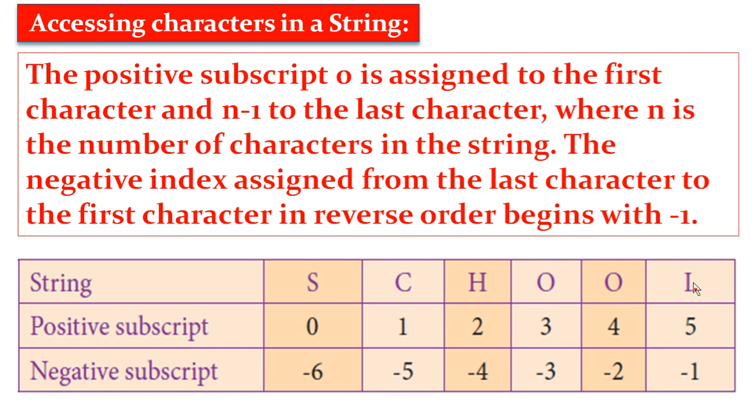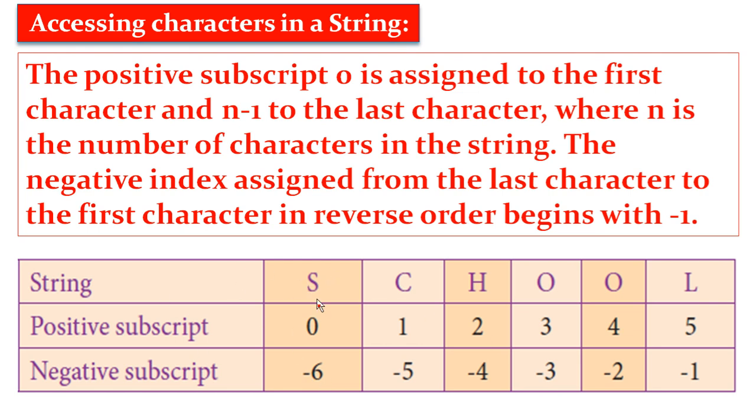The total number of characters in this string is 6. In the positive subscript, the index value starts from 0 to n-1, that is 6 minus 1, that is 5, 0 to 5. In negative subscript, in the reverse order, the index value starts from -1 to -6.